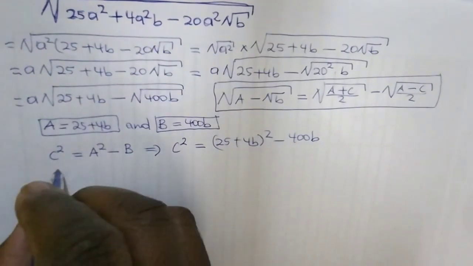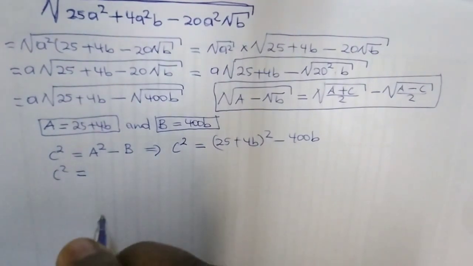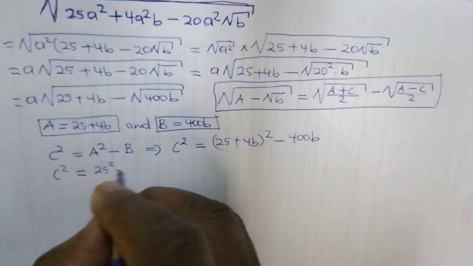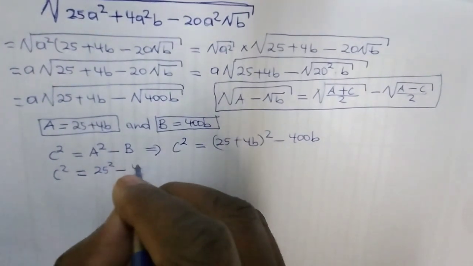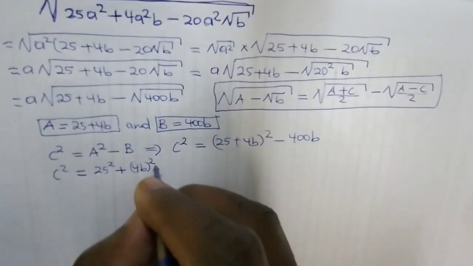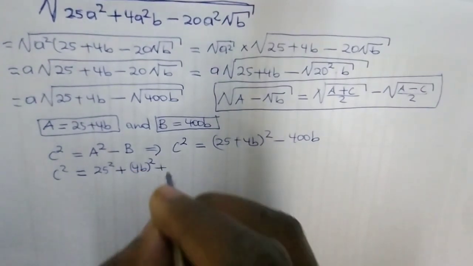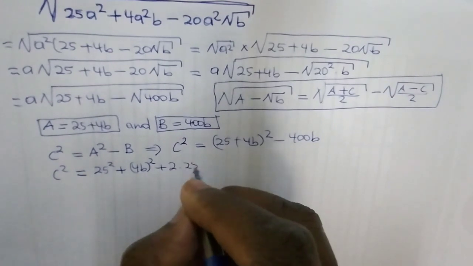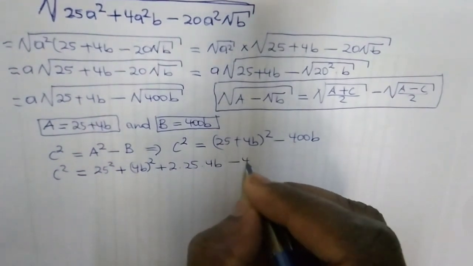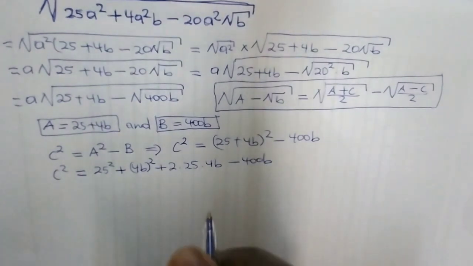Developing the bracket, I'm going to have c squared equals 25 to the power of 2, plus 4b to the power of 2, then plus 2 times 25 times 4b, then minus 400b.